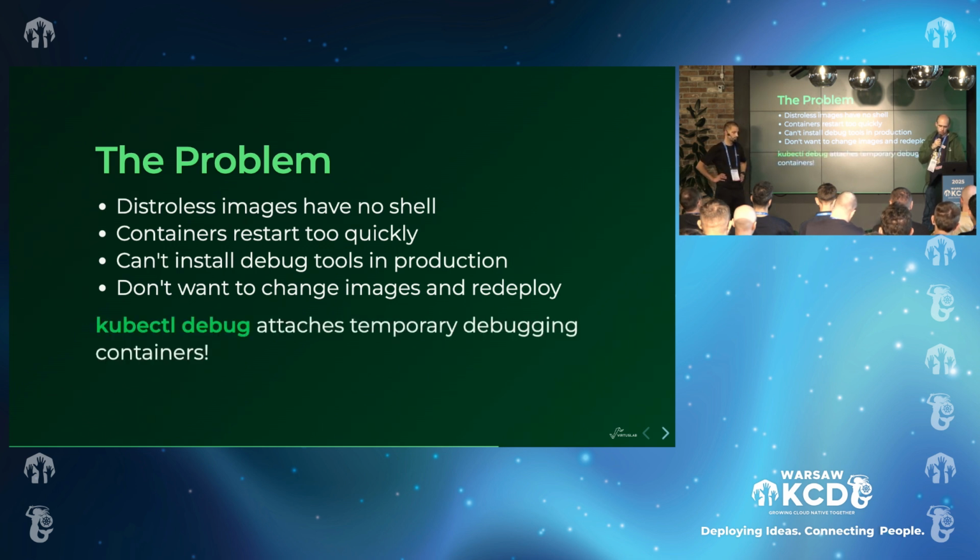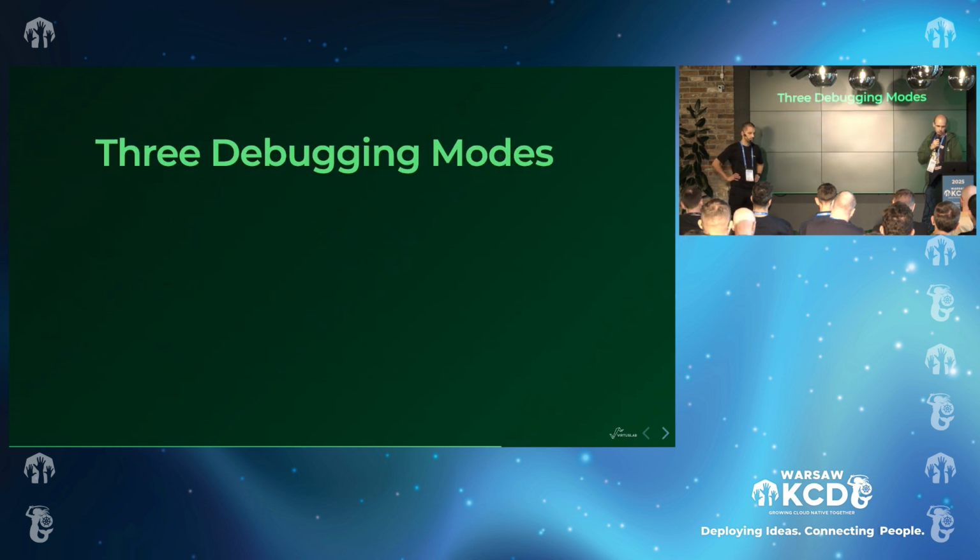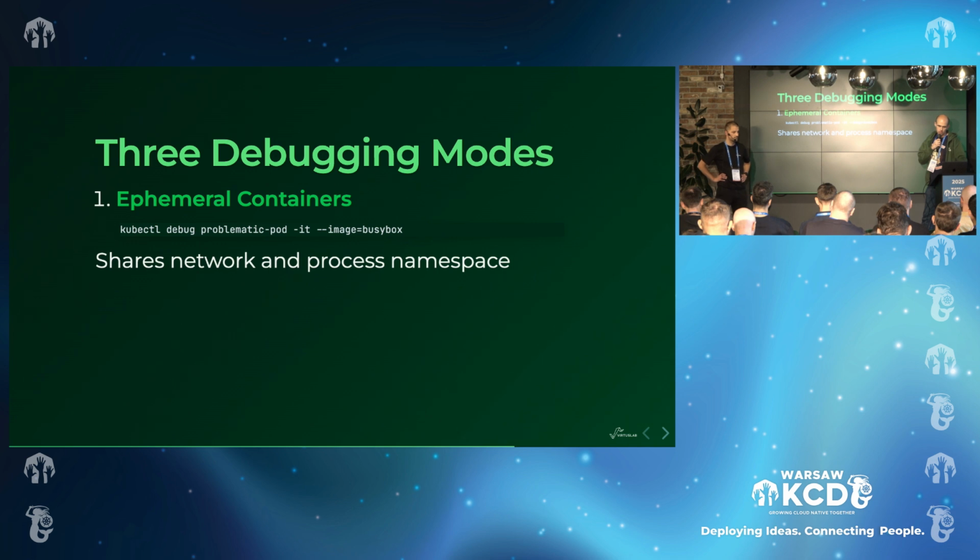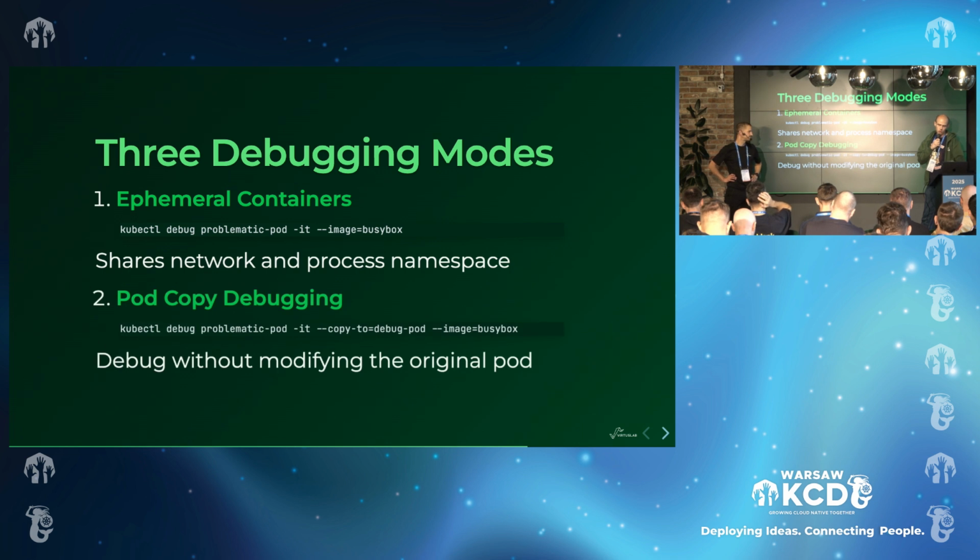The solution is to use kubectl debug, which attaches a temporary debug container to our running pod. It has 3 main modes available. First, attach a temporary container to our running pod, where we can access the application and check the status. We can copy the problematic pod to a new place and safely play with it without disturbing the application.